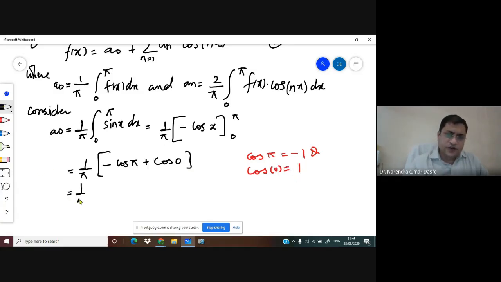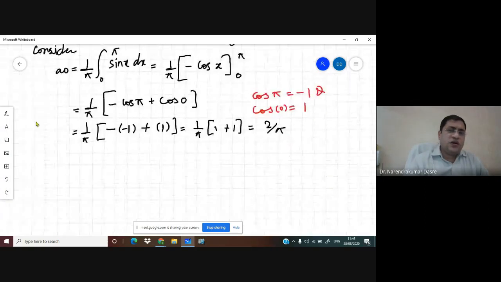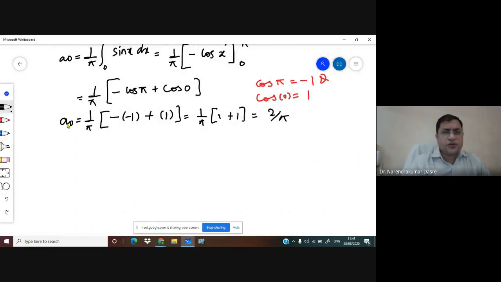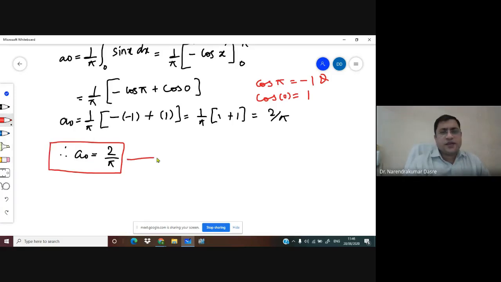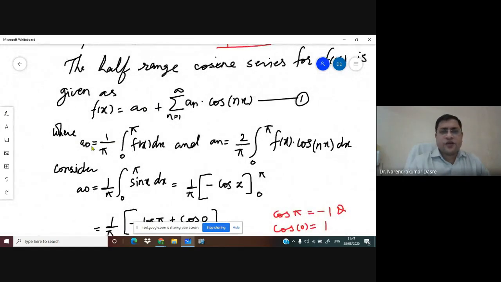So if I put these values here, 1 upon pi, minus of minus 1 and plus 1. So this is going to be 1 upon pi, 1 plus 1, and we get 2 by pi. Hence we can write a0 is equal to 2 upon pi. Let this be equation 2. Okay, so we wanted a0, we got a0.